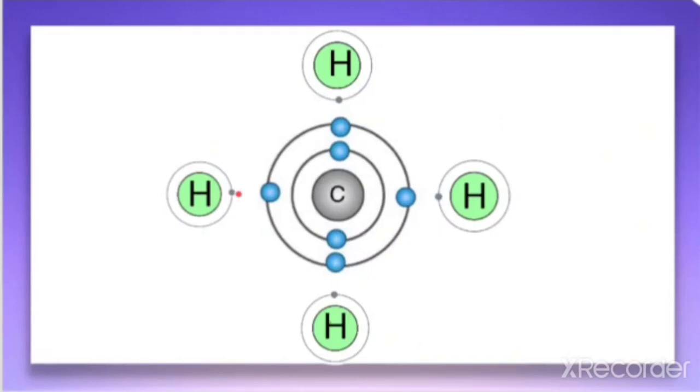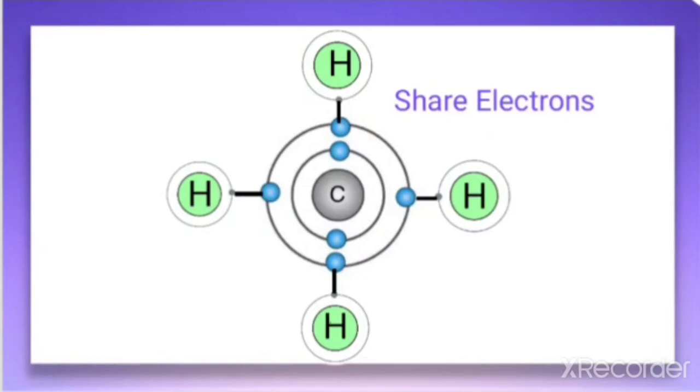So hydrogen wants to get stable by getting 2, because in the first shell a maximum of 2 electrons can be accommodated. But carbon needs 8, so it shares 1 of its electrons with 1 electron of each of 4 hydrogens. Sharing electrons means now both are contributing electrons, that is both get satisfied by sharing the electrons.